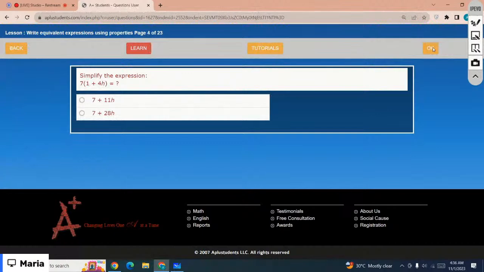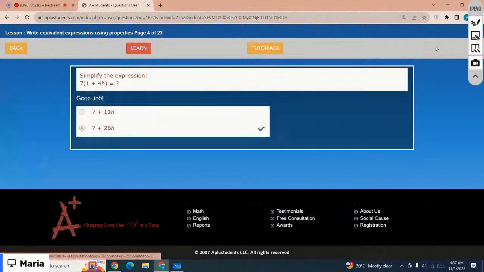Simplify the expression, which is the correct option? The correct option is 7 plus 28, option number B is the correct option.